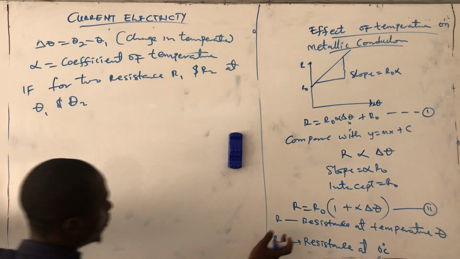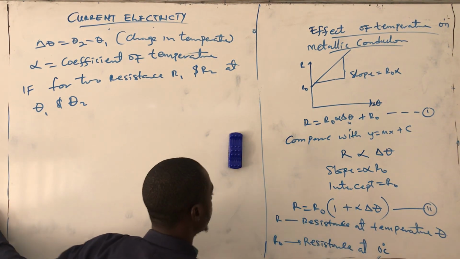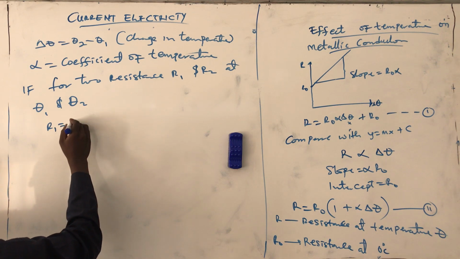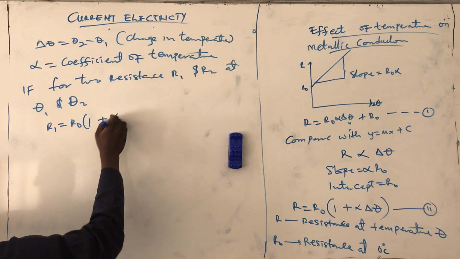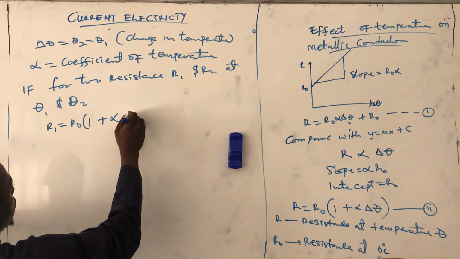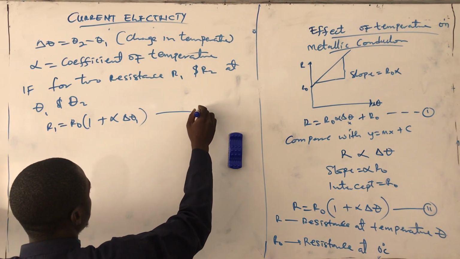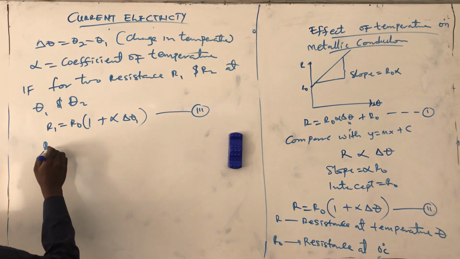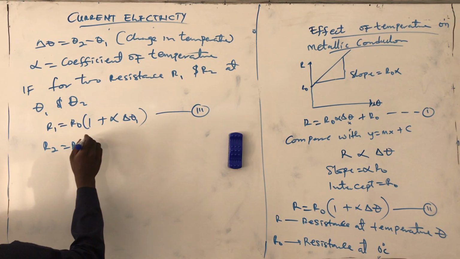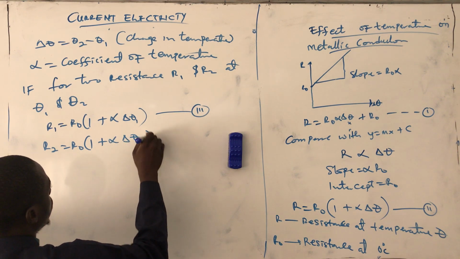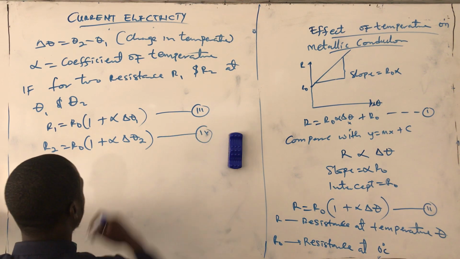From our formula, R is equal to this. Clearly, our R1 will be equal to R0 into 1 plus alpha change in temperature 1. Let's say this one is equation 3. And R2 will also be equal to R0 times 1 plus alpha change in theta 2. Let's say this is equation 4.